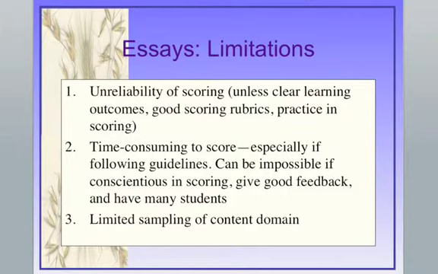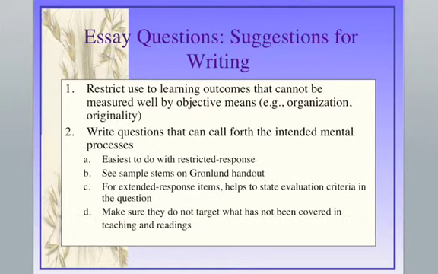So let's look at some suggestions for writing essay questions. First, make sure you restrict the use to learning outcomes that you can't measure well by other objective means. These should be things that require organization, synthesis, and originality.